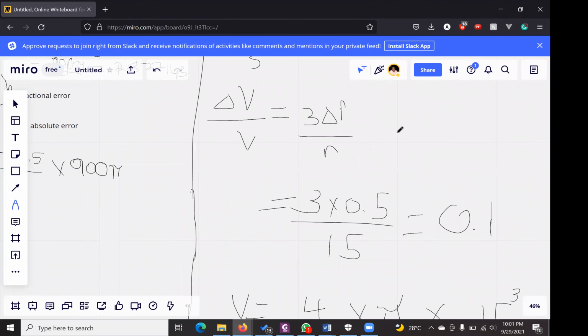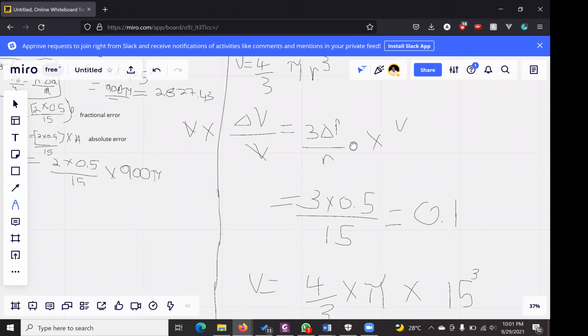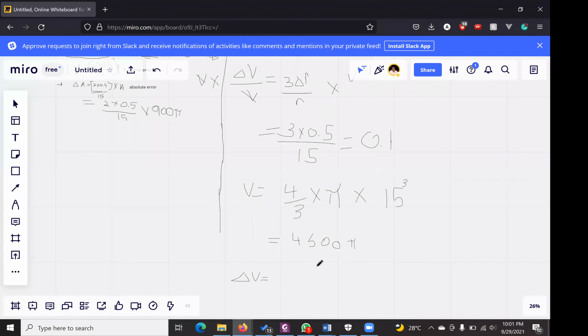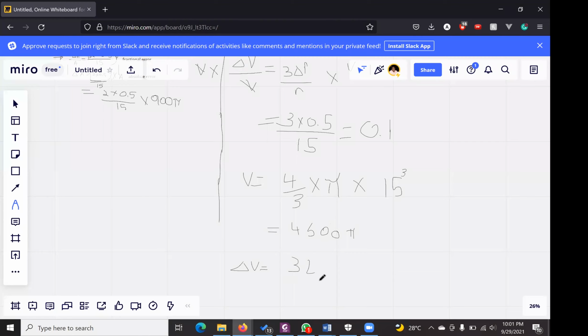So we're multiplying both sides by V. Multiplying this side by V as well. This kills this. And so now we have 3 delta R over R. Tell me if you can see the screen properly.